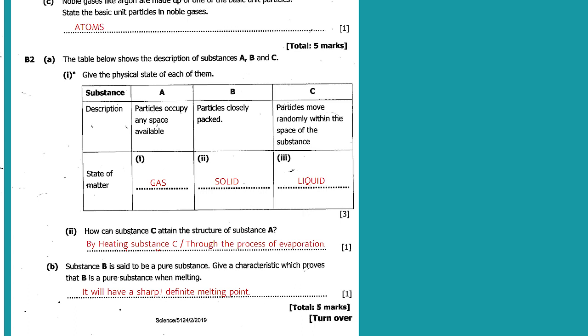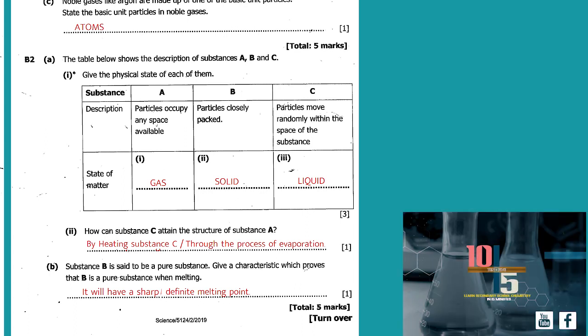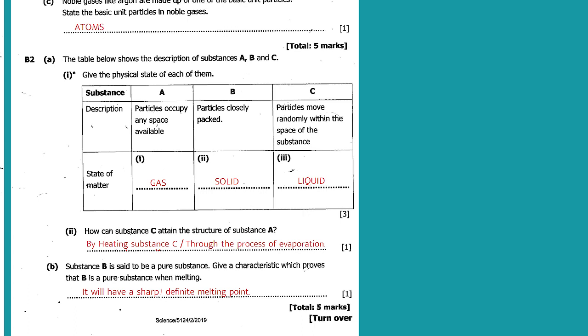Give a characteristic which proves that B is a pure substance when melting. So first of all, what you need to know is a pure substance has a sharp or definite melting point, a pure substance has a sharp or definite boiling point, and a pure substance has a definite density. So in this case, they're talking about melting, so we'll say it will have a sharp melting point.